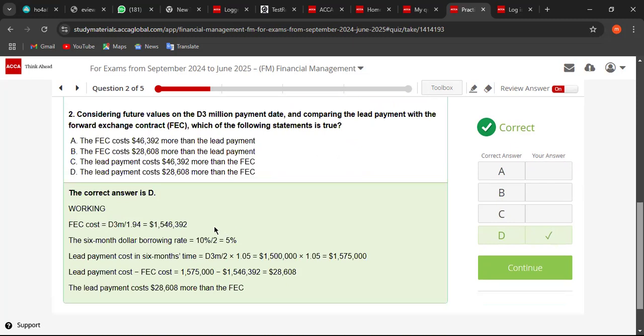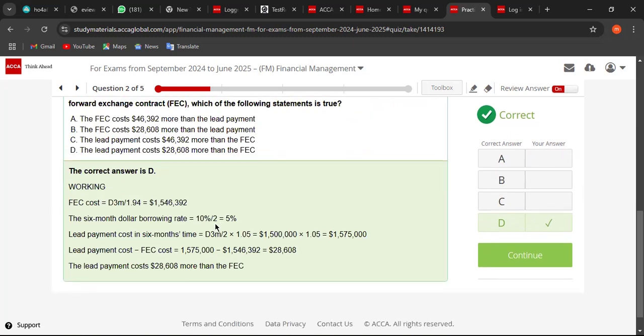And if we are going to do this now, because you have a shortage of cash, you will borrow that amount. So after borrowing, the amount was coming as 1,575,000. Take the difference, which means that if you are going to borrow now, you will have a loan and your amount in dollars is 1,575.